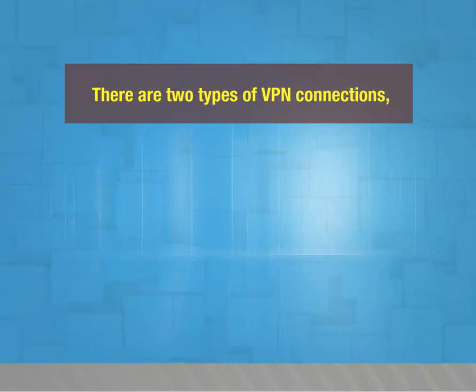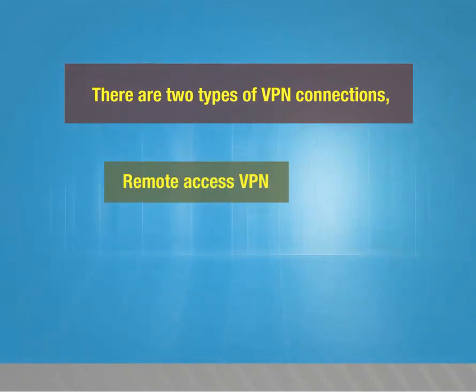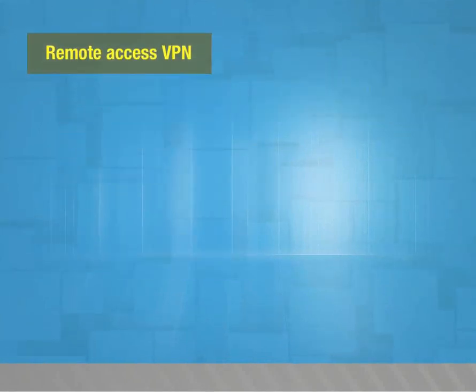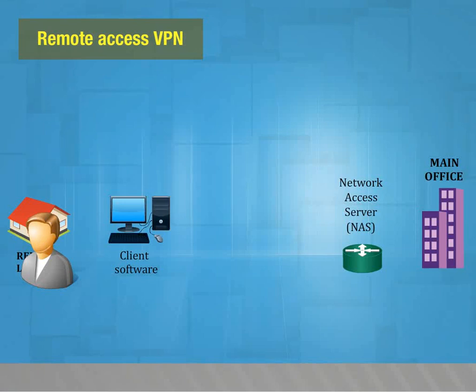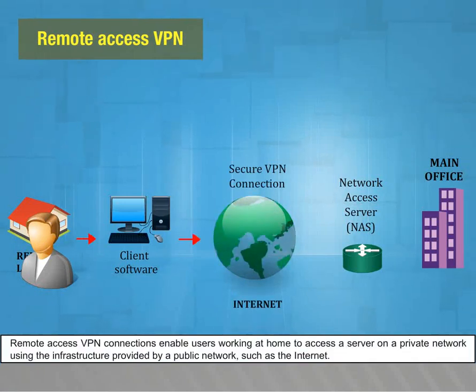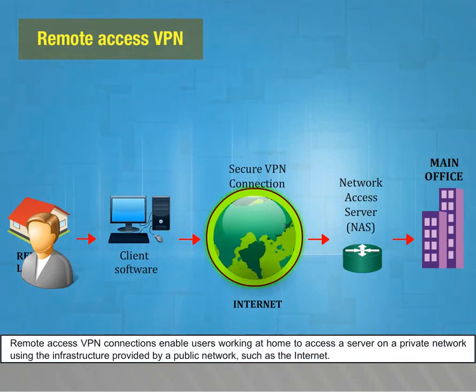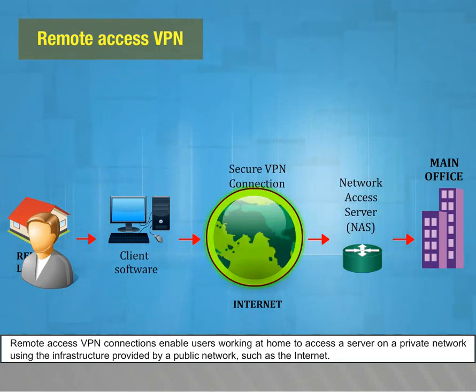There are two types of VPN connections: remote access VPN and site-to-site VPN. Remote access VPN. Remote access VPN connections enable users working at home to access a server on a private network using the infrastructure provided by a public network such as the internet.